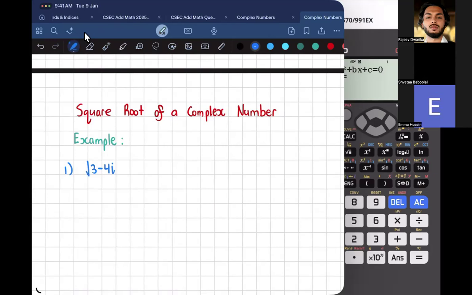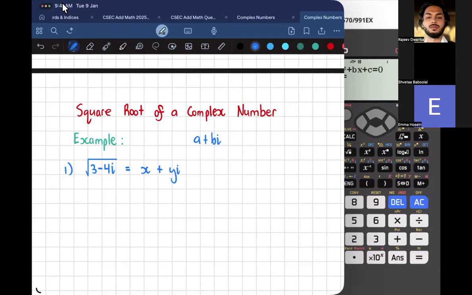So we want to find the square root of 3 minus 4i, correct? Isn't our answer also gonna be a complex number? So we're gonna say that it's gonna be in the form x plus yi. Notice I'm not using a plus bi because that's the standard form of a complex number. We want to find the square root of a complex number, so you want to use different variables, right?